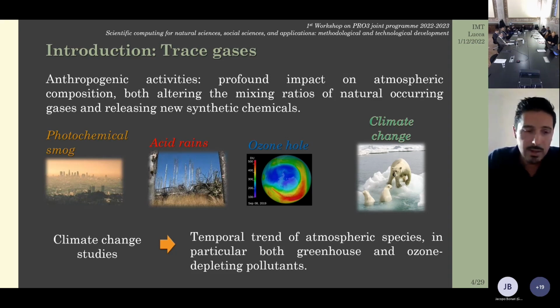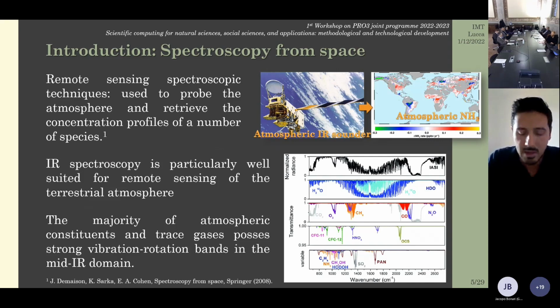And climate change studies need, first of all, to monitor the concentration of the atmospheric gases, in particular greenhouse and ozone depleting gases. And this is done nowadays thanks to the use of remote sensing spectroscopic techniques by means of the instrumentation mounted on board of, let's say, satellites or even ground or airborne based observatories.